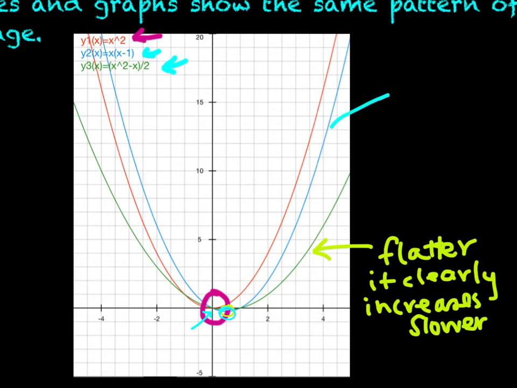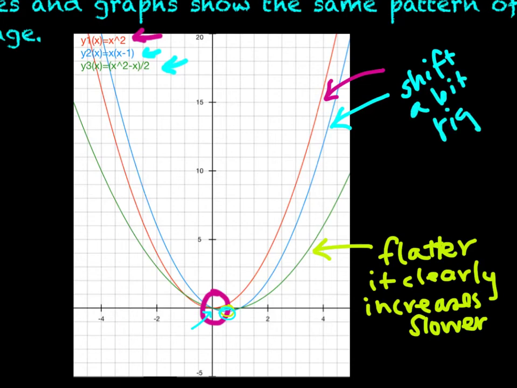And these other two graphs, if we look at them, they're almost parallel the whole time. One is shifted over. So our second one, like we thought, is shifted a bit right. And I imagine that is due to this minusing of the 1 in that particular equation.